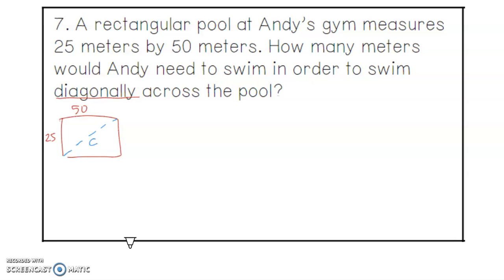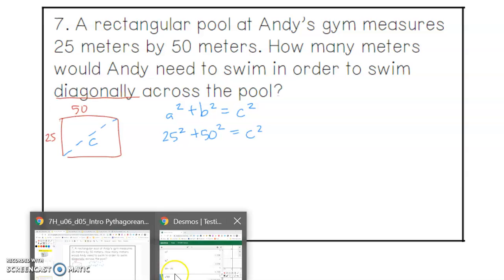So we're looking for what's that distance? That's the hypotenuse, okay? All right, so a squared plus b squared equals c squared, recognizing how you set that up. So 25 squared plus 50 squared equals c squared. I love it. They're on the same side, so I'm going to go into Desmos.